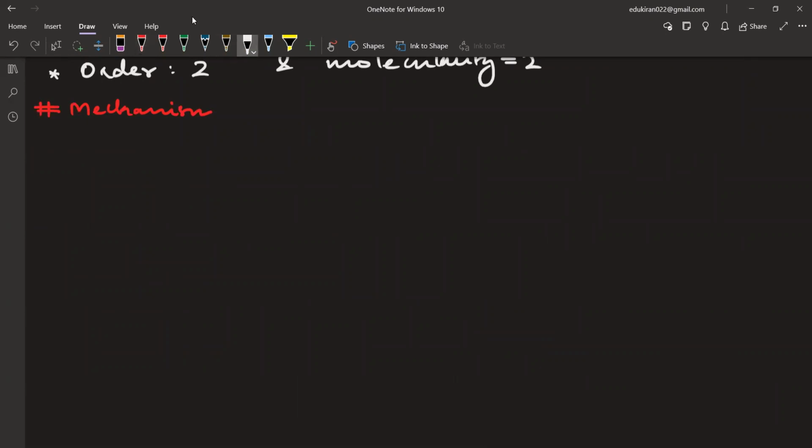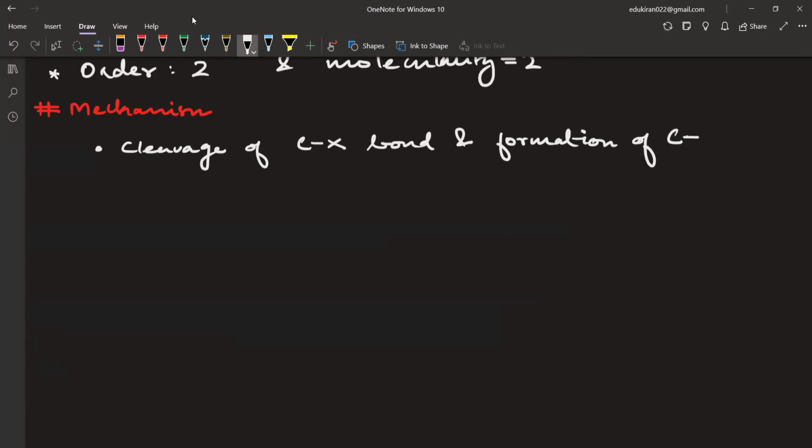So here what happens? Cleavage of C-X bond and formation of C-Nu bond take place simultaneously.